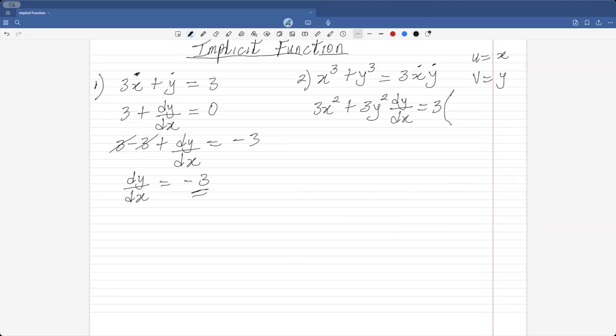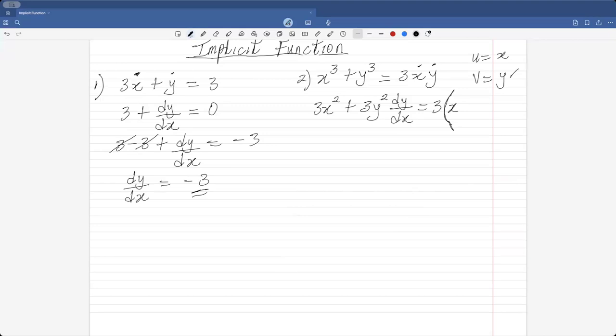We have u dv/dx. Since x equals u, we have x here times dv/dx, which means we are differentiating y.